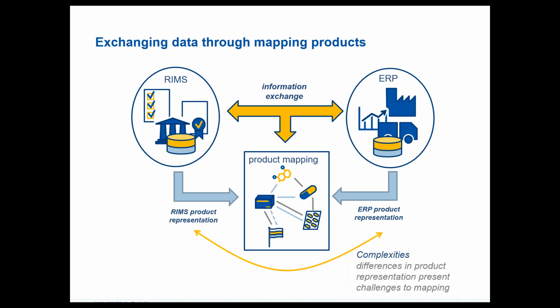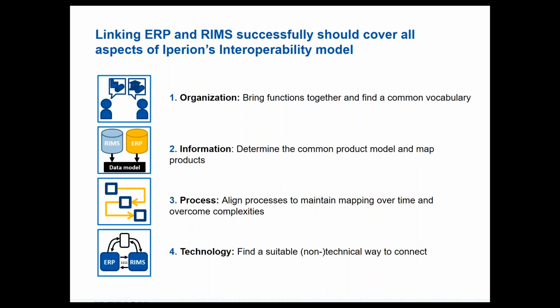There will be complexities between those two, resulting from differences in how the products are represented. And this produces challenges to how we create a mapping between the two systems and how we maintain these over time. So in order to get a stable mapping, we have to take into account a number of factors. And in the next slide, we will go through these.